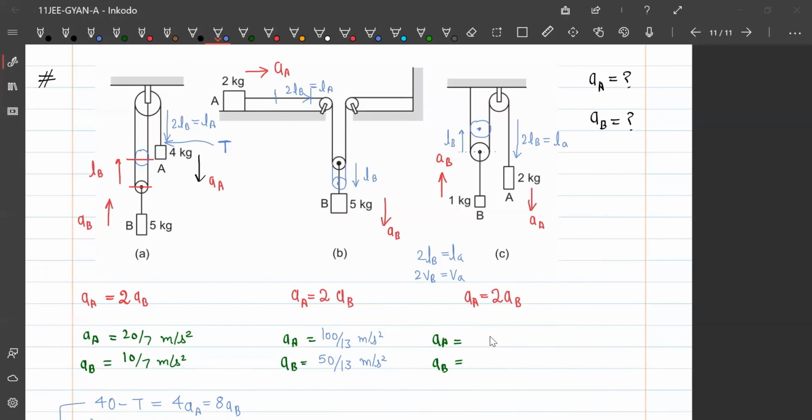Naman, what's the acceleration of A in the third case? 10/3 A1. 10/3 A1.